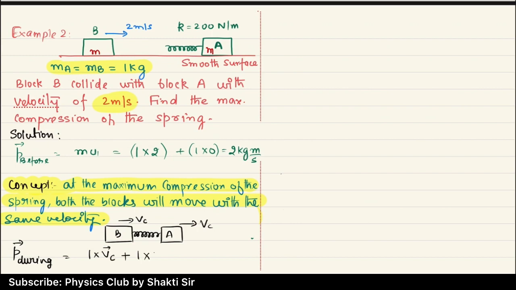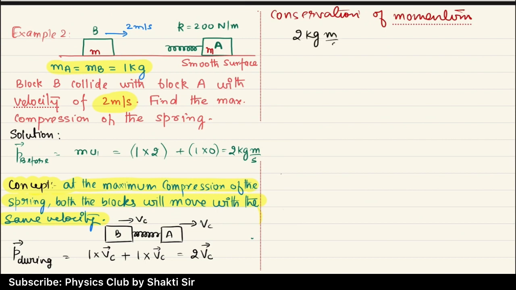Now we will conserve our momentum, before the collision and during the collision. What will you get? By the conservation of momentum we can write: before the collision it is 2 kg meter per second, and after the collision you will see 2 Vc, like this.